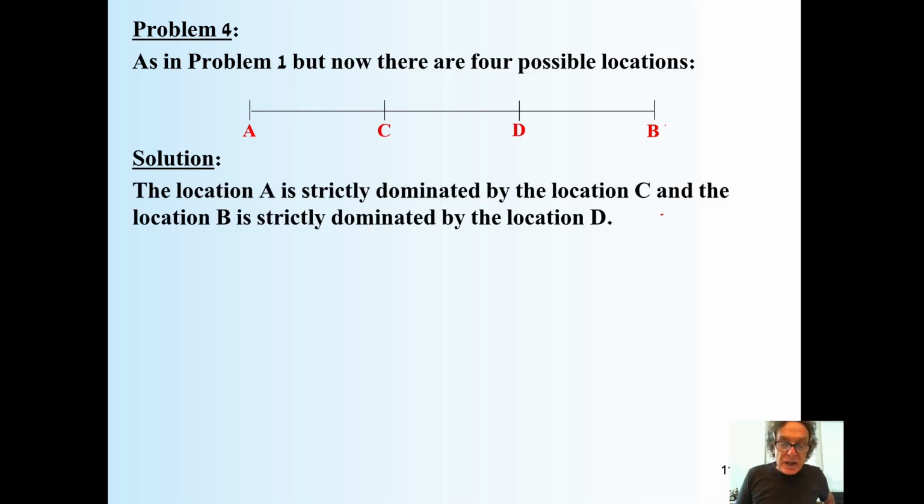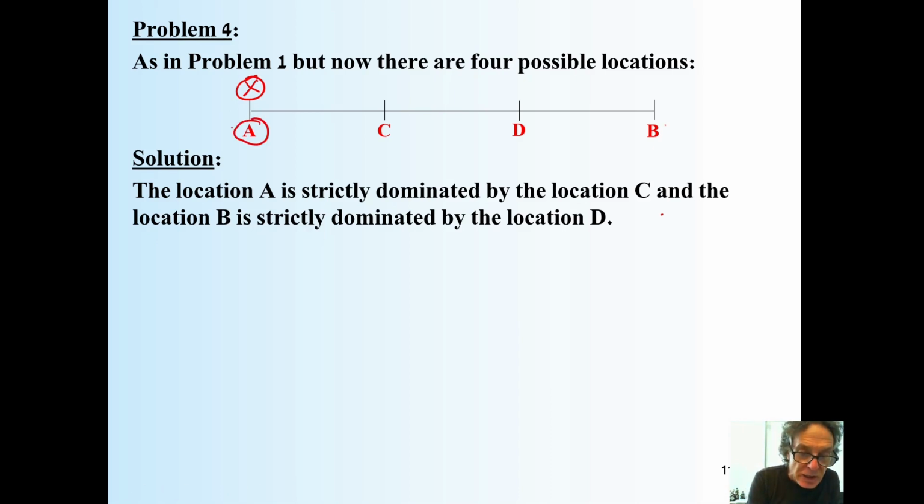Solution. The location A is strictly dominated by location C, and B is strictly dominated by D. That's symmetric. So let's just show that A is strictly dominated by C. That depends on what the other is doing. So suppose that I'm here at A. I want to show you that I'm better off moving to C. So I have to check every possibility of your choice.